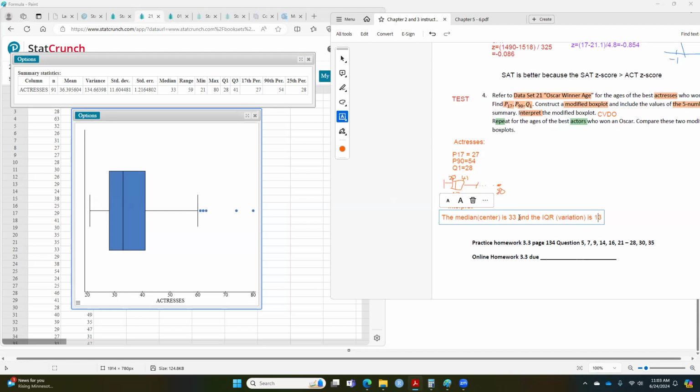And then the distribution. If you look at the box plot, this distribution is skewed to the right. The reason it's skewed to the right is because your outliers are on the right side. And a lot of students say that there are 5 outliers.